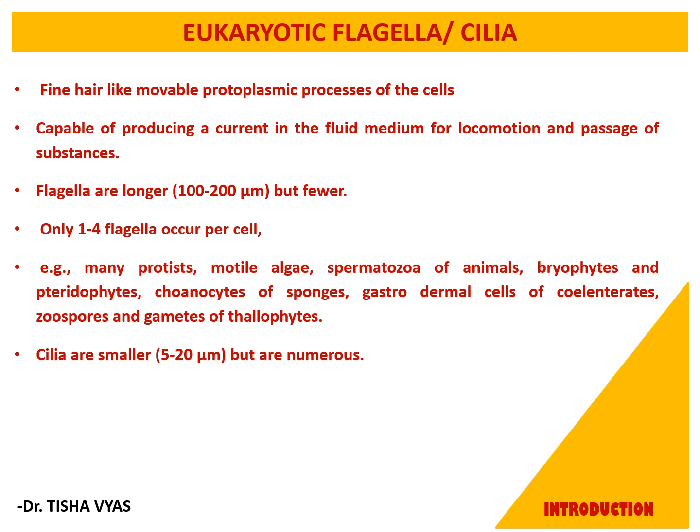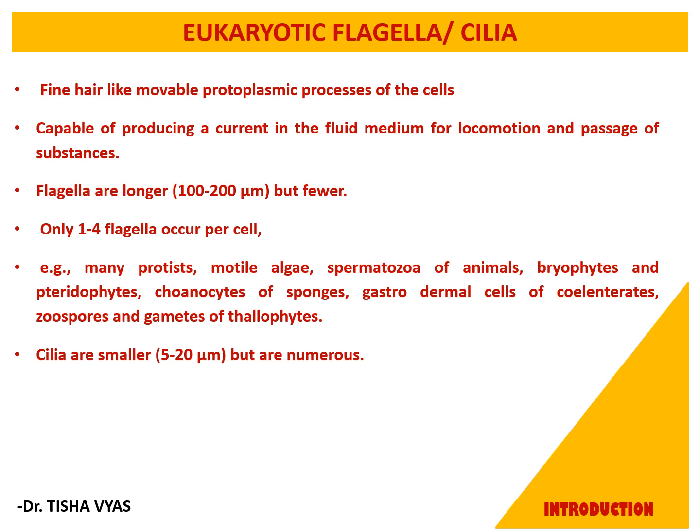Only 1 to 4 flagella occur per cell. Examples: many protists, motile algae, spermatozoa of animals, bryophytes, and pteridophytes, choanocytes of sponges, gastrodermal cells of coelenterates, zoospores, and gametes of thallophytes.